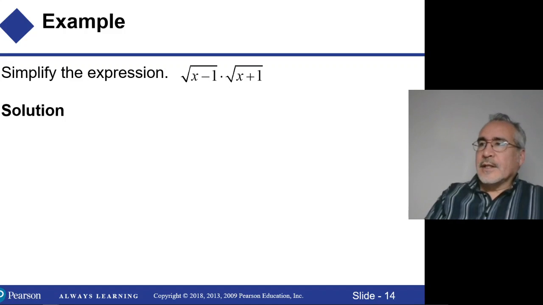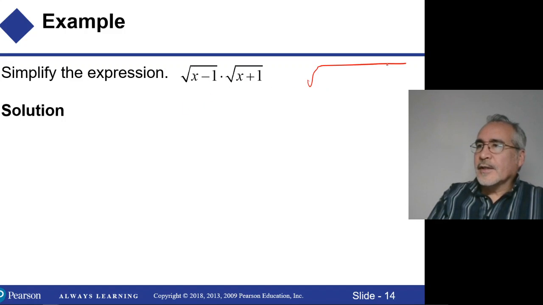This one, again, simplifying, sometimes this is a little bit over the top, but what we're able to do is bring them into the same house. x minus 1, x plus 1. We can multiply this. Remember, this is a difference of squares, so you get x squared, x plus 1, x minus 1, that's going to be 0, and then negative 1 times positive 1. So it simplifies that.